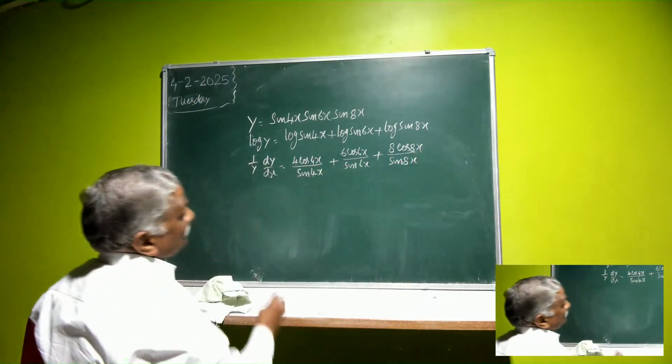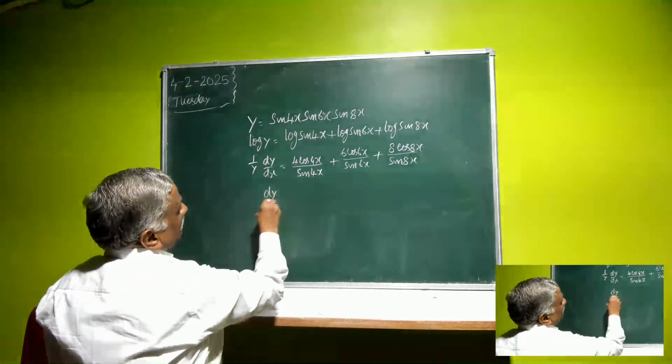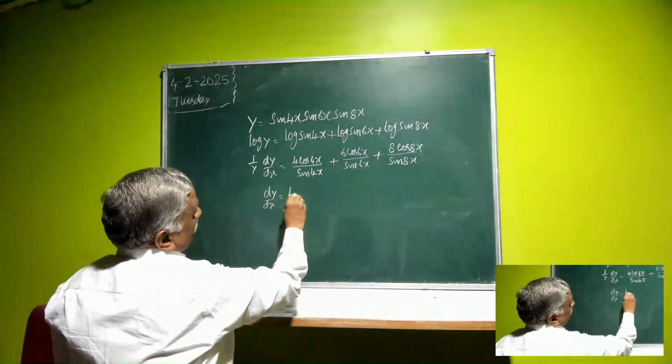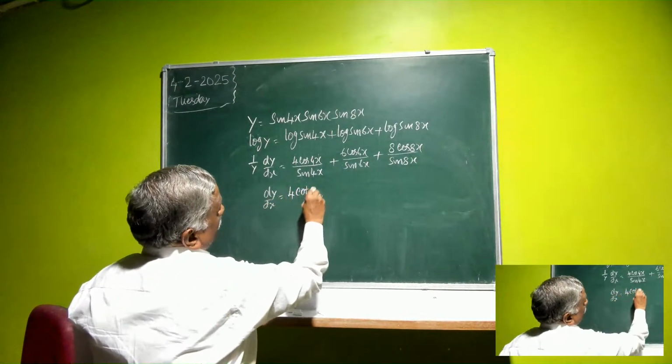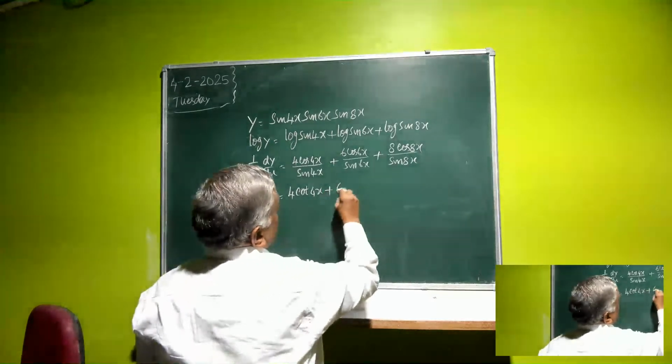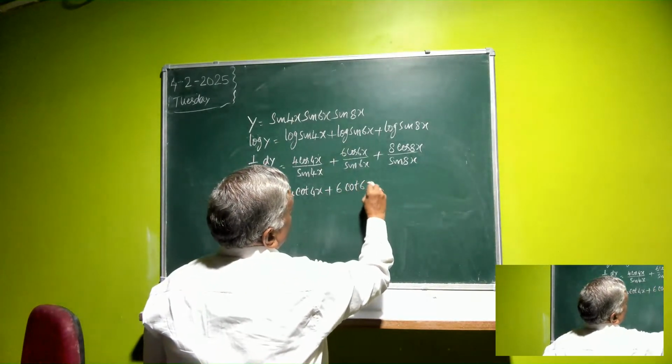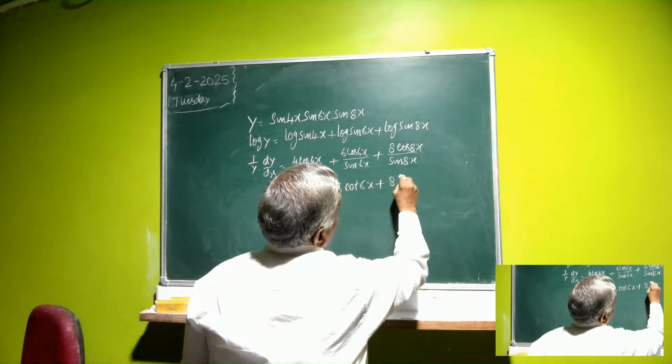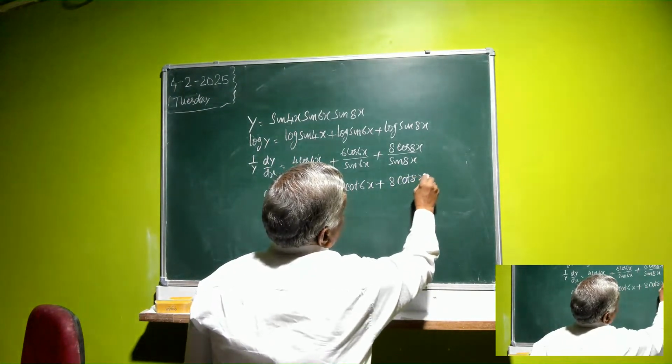So what is your final answer? dy by dx is equal to y into 4 cot 4x plus 6 cot 6x plus 8 cot 8x.